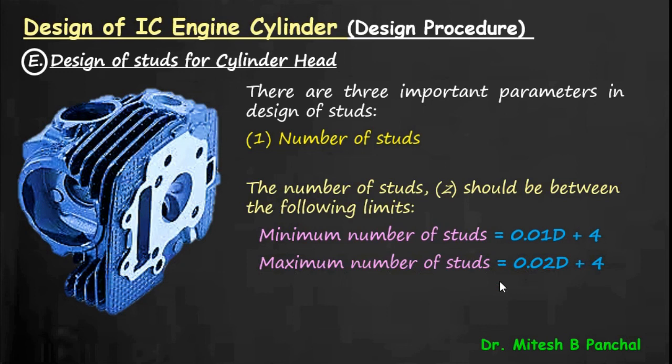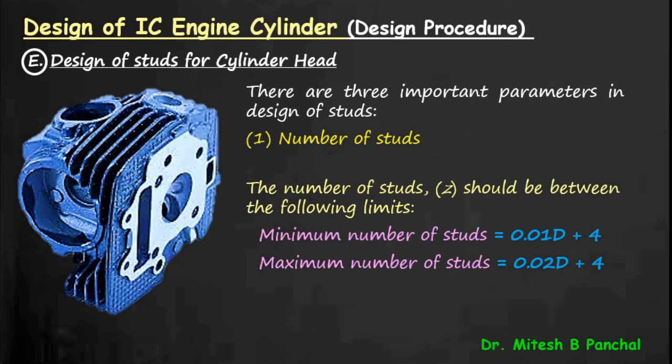So the total number of studs lies between these limits. We can say that Z should be greater than 0.01 times D plus 4 and less than 0.02 times D plus 4.